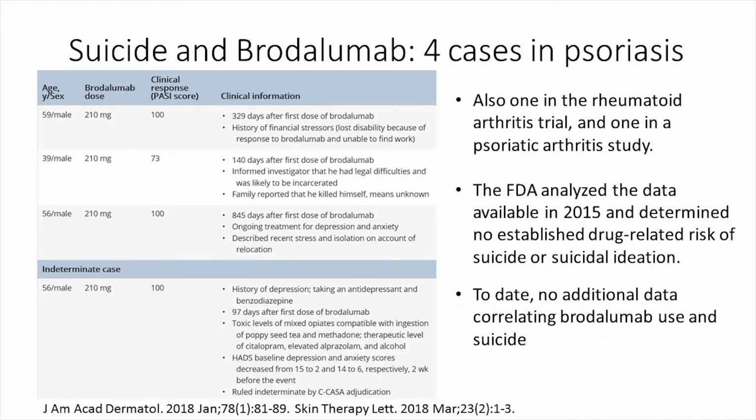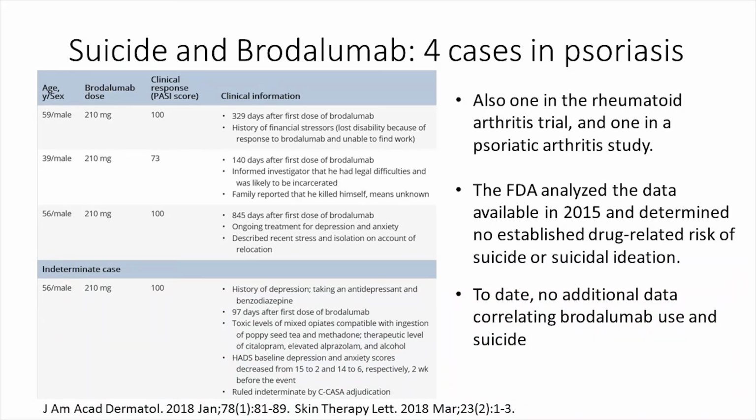This is a recent publication in JAD in January, looking at the Brodalumab suicide cases. There were 6 cases of suicide across Brodalumab trials. 4 of them were in psoriasis, 1 was in an RA trial, and 1 was in a psoriatic arthritis study.